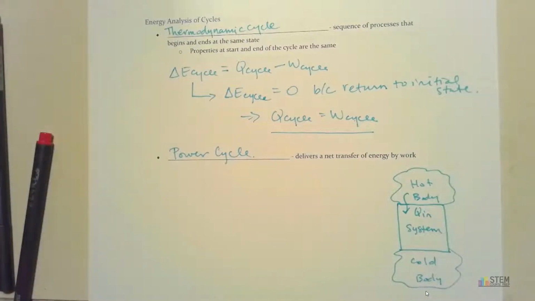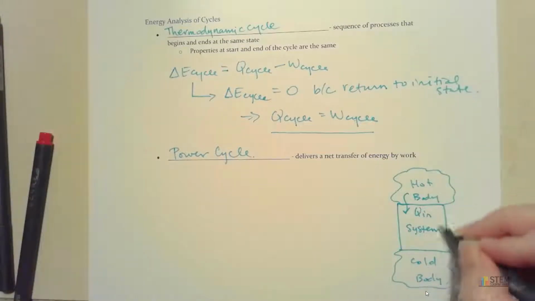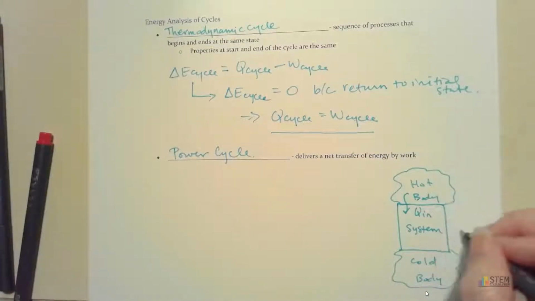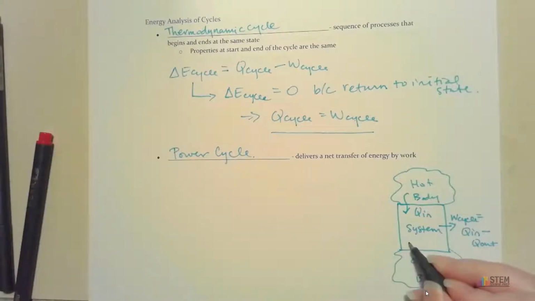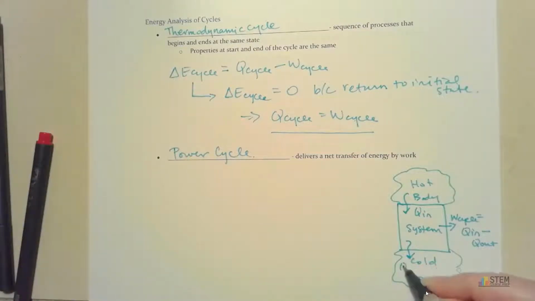Okay. And the system then is going to take this energy and it's going to produce work, and work that's generated is going to be equal to Q in minus Q out. Now what is Q out, you may wonder? Q out is going to be the energy transferred from the system to the cold body, okay, due to a temperature difference.